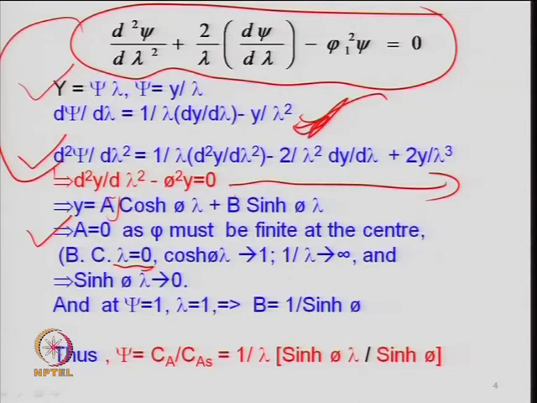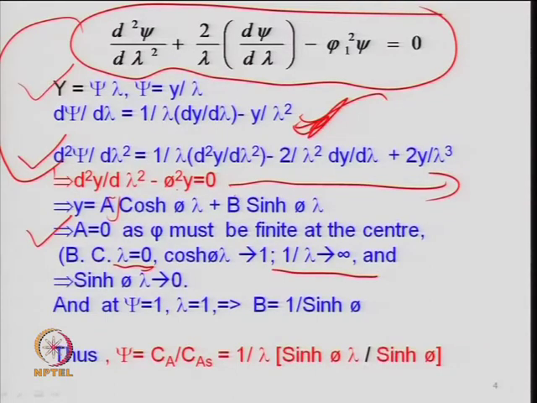For the sin term, 1 by lambda will approach infinity, because lambda tends to 0. So, this is very high, right. You have two terms in this equation; sin hyperbolic phi lambda is 0, and 1 by lambda with lambda tending to 0 says that this value is infinite.